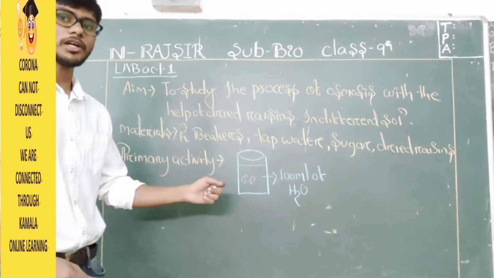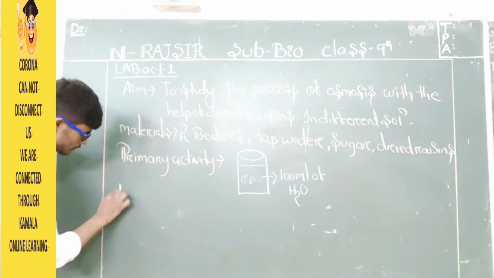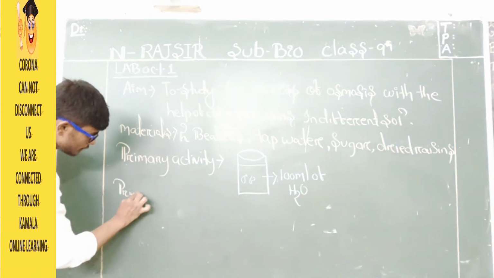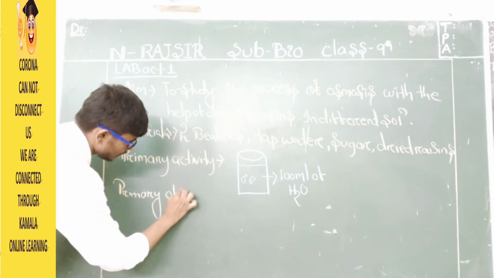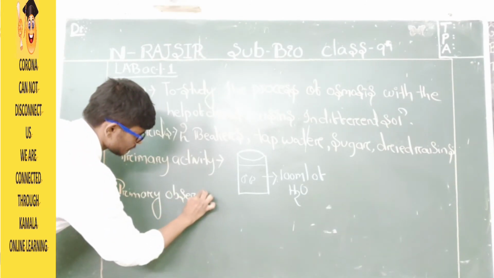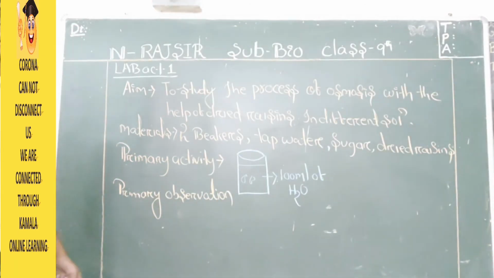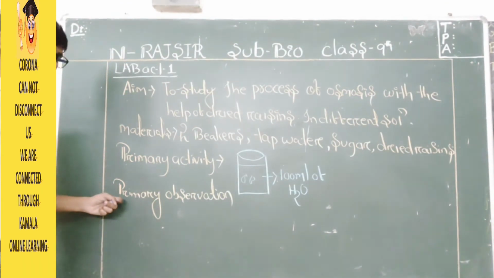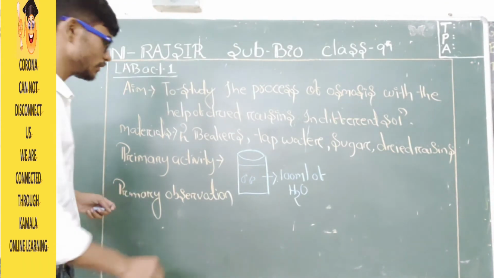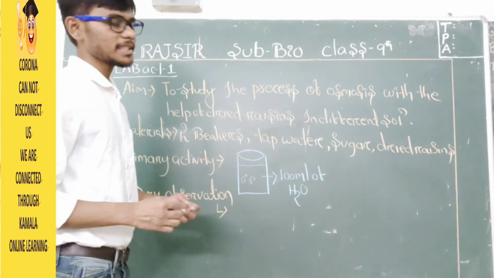In the next step you need to write primary observation. See: aim, materials, primary activity, then primary observation. In the primary observation, what we have seen is that the raisins have swollen.